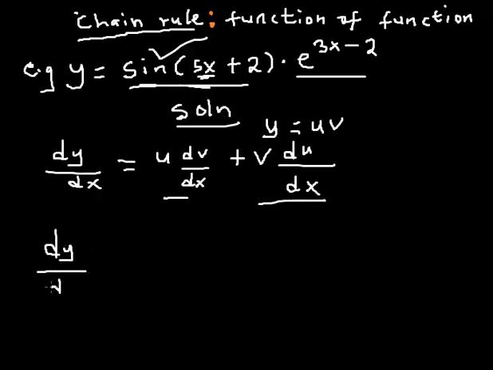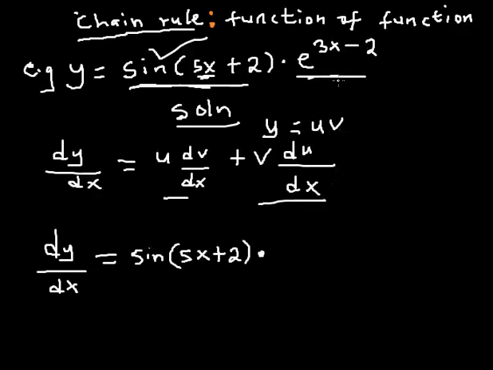So dy/dx is now going to be equal to, the very first thing, I'm going to keep my u constant, so I will write it, that's going to be sin(5x + 2), times, I have to differentiate my v, which is e^(3x - 2).